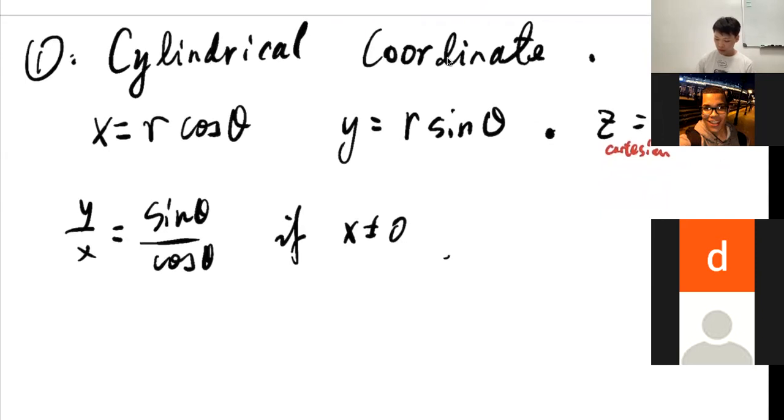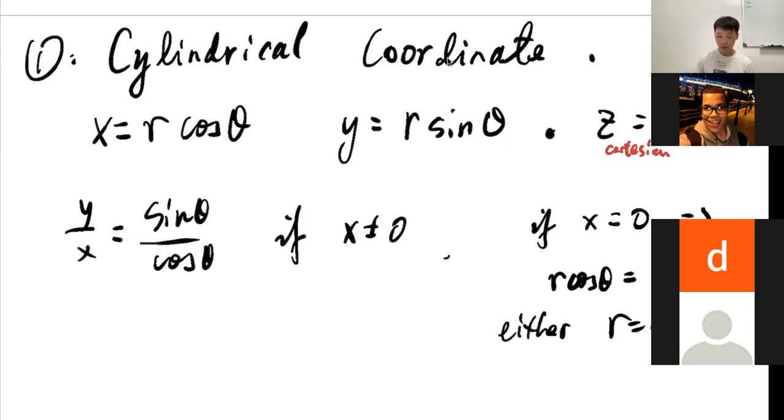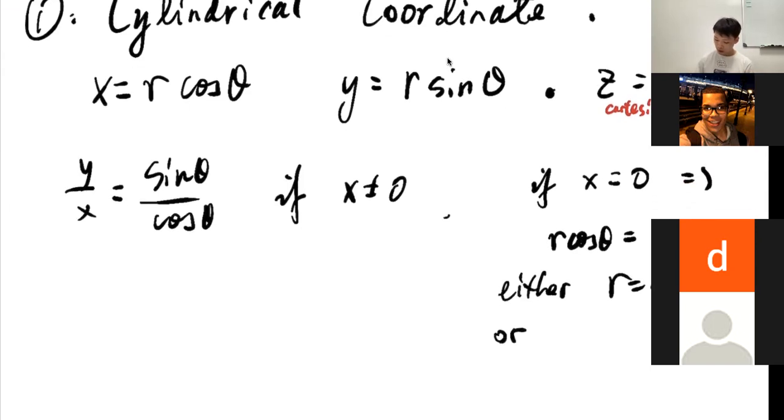On the other hand, if x is equal to 0, that means cosine theta is equal to 0. Well, either r is equal to 0. So in that case, we fix theta to 0. Or cosine theta is equal to 0. That means theta is equal to pi over 2.